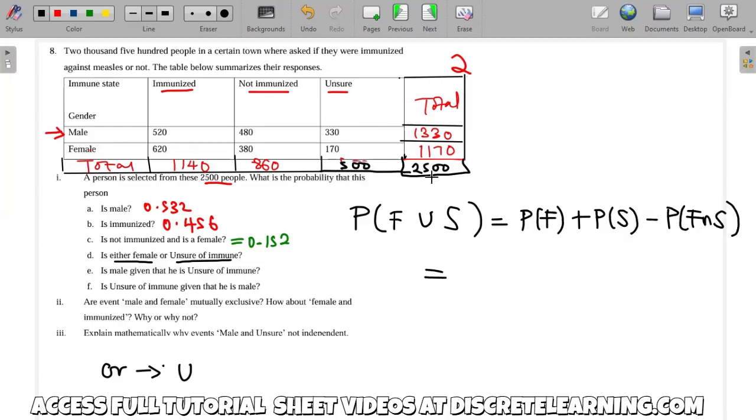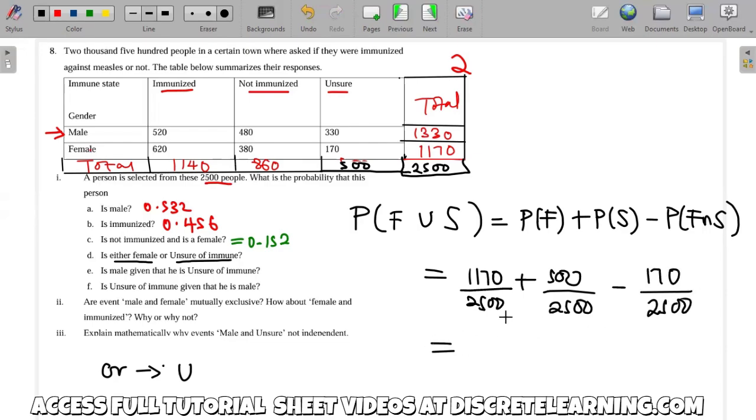So the total number of females is 1170 divided by 2500, plus the total number of unsure, in this column here, it's just 500, so 500 over 2,500, minus the total number of people in the intersection of female and unsure. So unsure and female, they meet here. So it will be minus 170 over 2500.